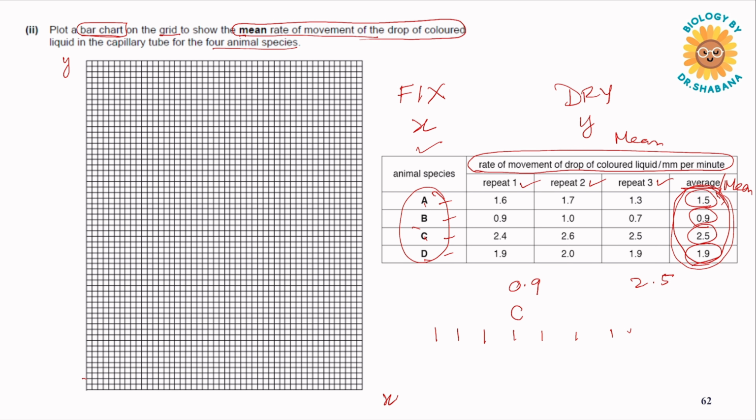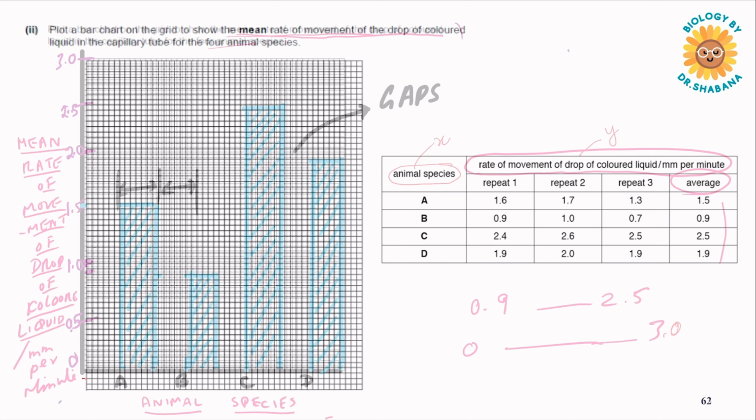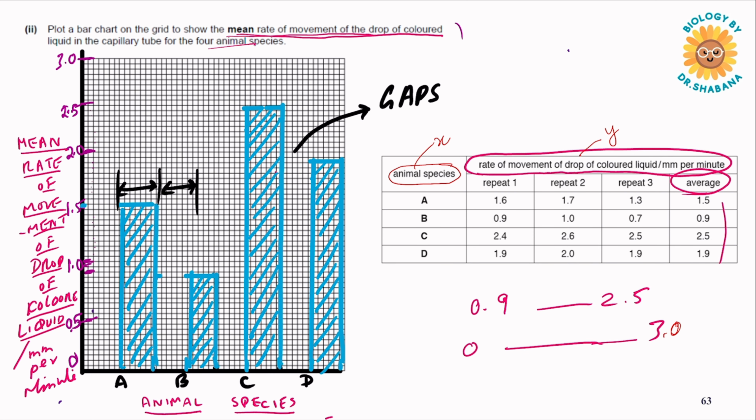So I can safely start from 0.0 and go all the way to 3.0, right? And this grid is pretty long, so I can use 2 small units for each one of them, and this is what I'll get. All right, so animal species, the columns come on the x-axis.